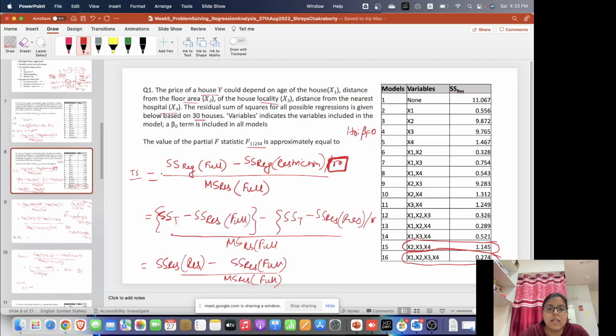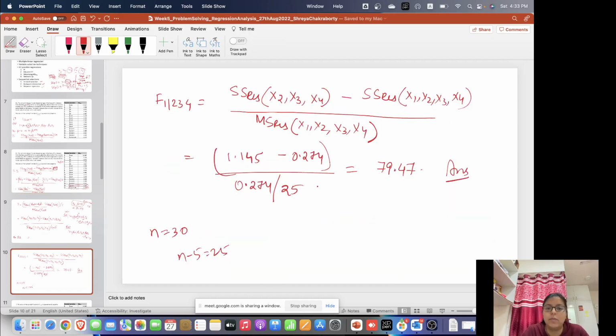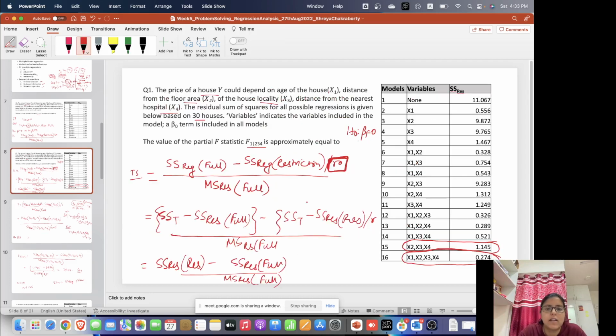Because, see, I'll tell you. Do you remember that SS total can be split into SS regression plus SS residuals? Yes, ma'am. So SS regression can be written as SS total minus SS residuals.